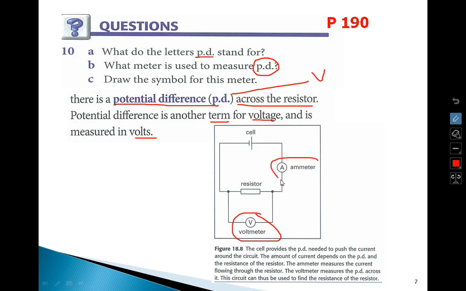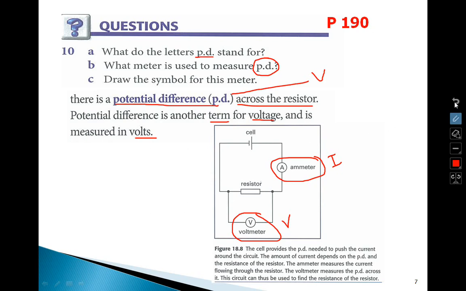This other one is the symbol of a meter used to measure current I. The voltmeter measures V or PD and is connected in parallel with the resistor, this point with this point, and this point with this point. So it gives the reading of the voltage on the resistor only.